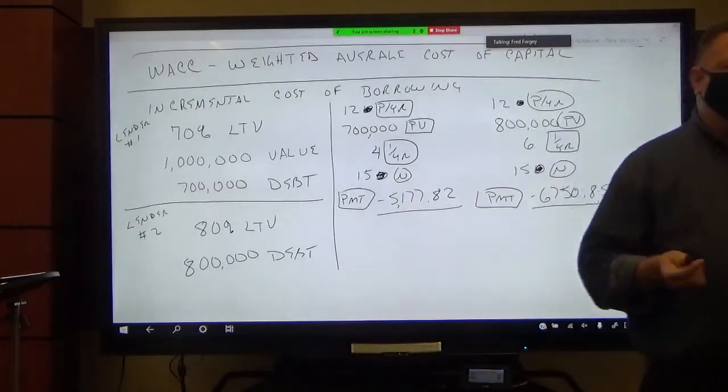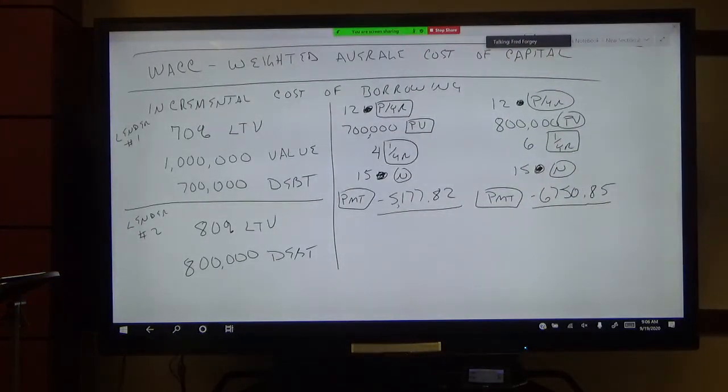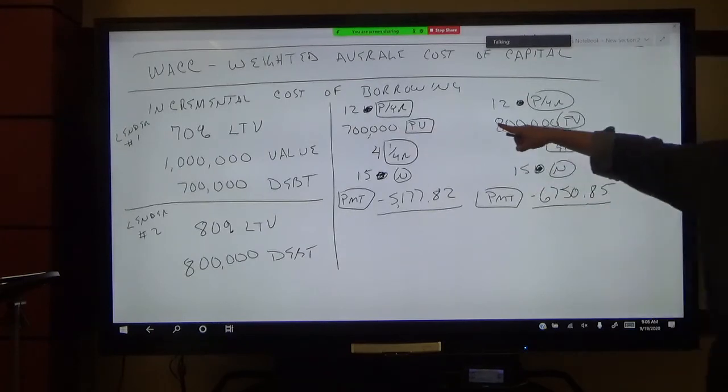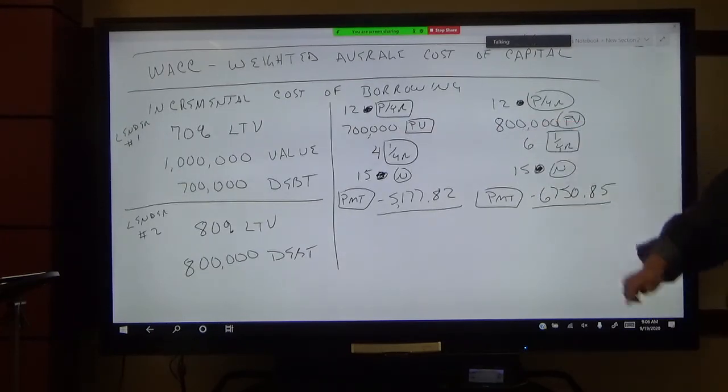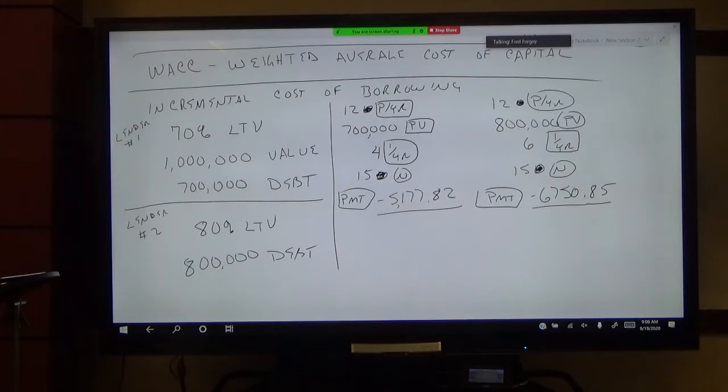In this case, how much is it costing us to borrow the extra $100,000? 2%. Okay, the first response, which unfortunately is wrong, is 2%.